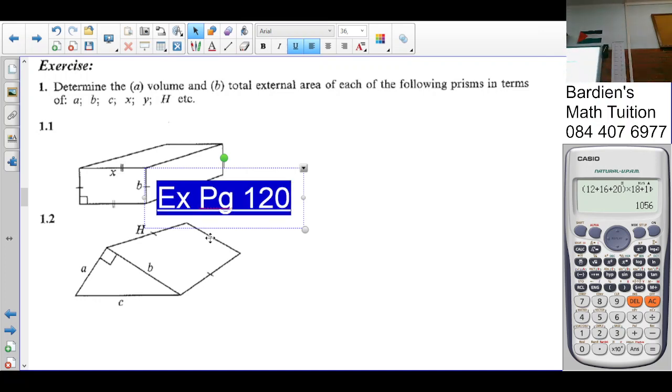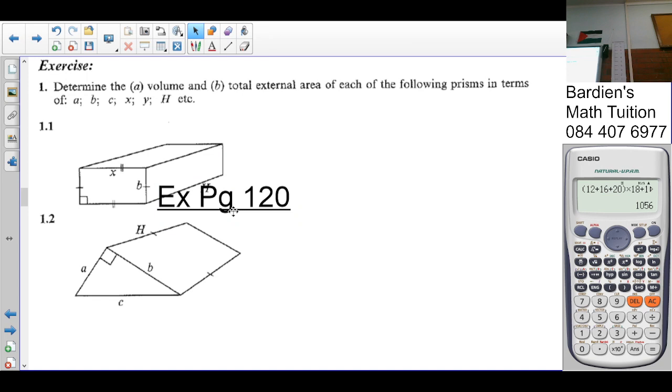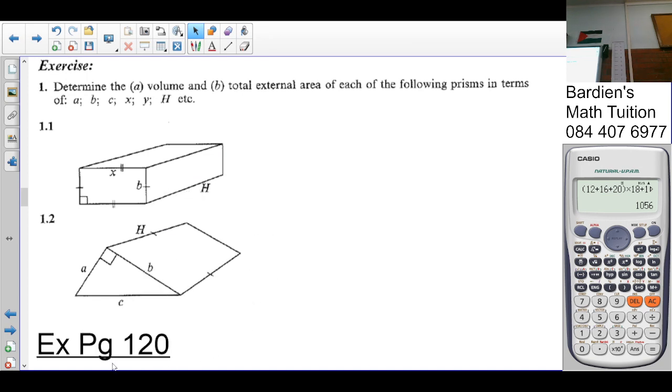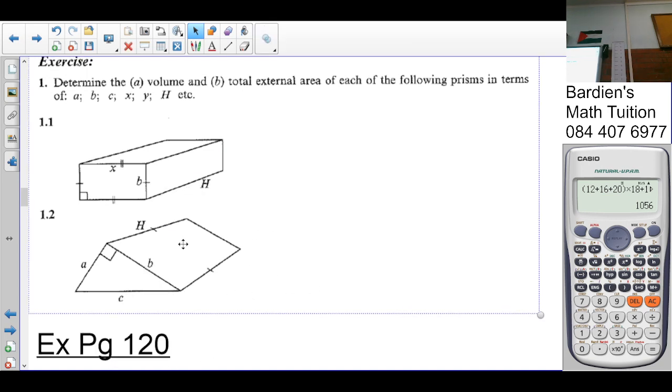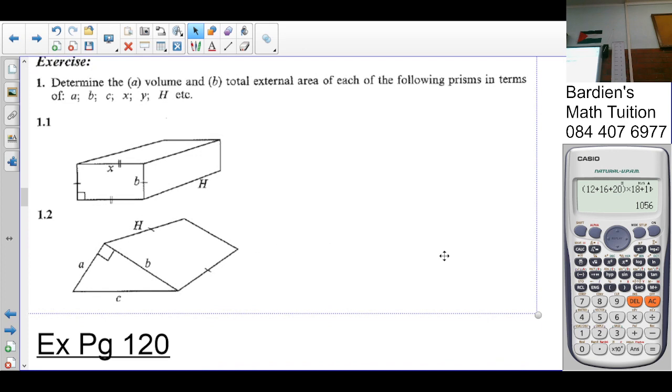Determine A, the volume, B, the total external area of each of the following prisms in terms of A, B, C, X, Y, and H, etc. Then 1.1.